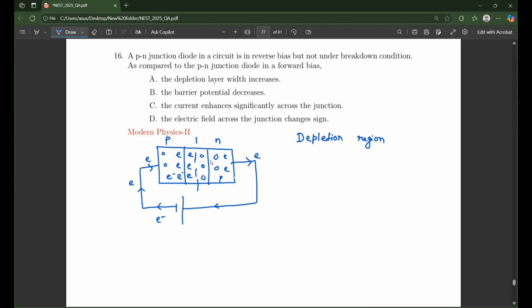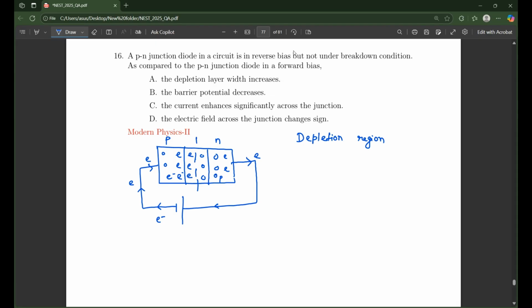Therefore, it will act similarly to increasing the depletion layer width, as says in option A. The width of the depletion region will increase due to the further addition of this layer of electrons and this layer of holes.